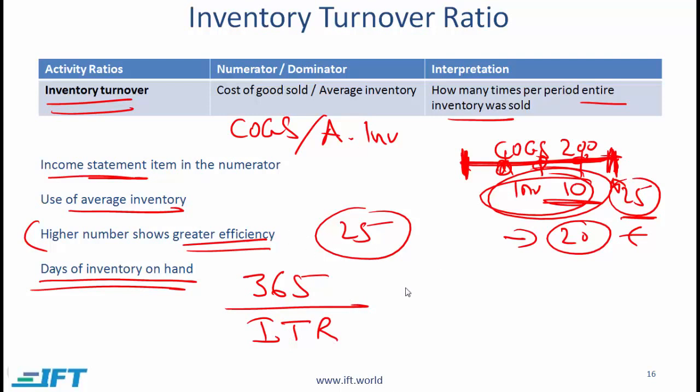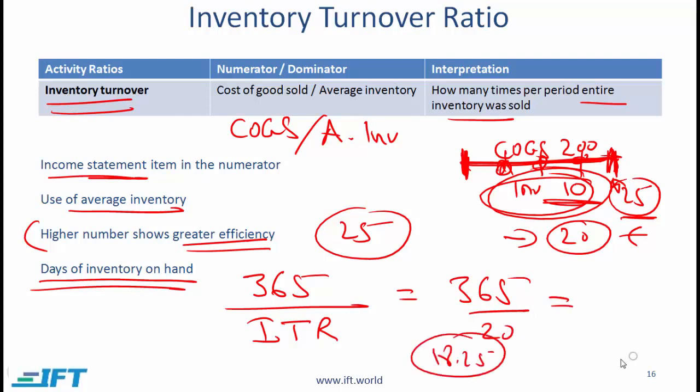In our simple example, if we have 365 divided by 20, then the days of inventory on hand is 18.25. This is a measure of, on average, how many days of inventory do we maintain. Obviously, if the activity ratio is higher, then that means that on average we maintain a lower amount of inventory.